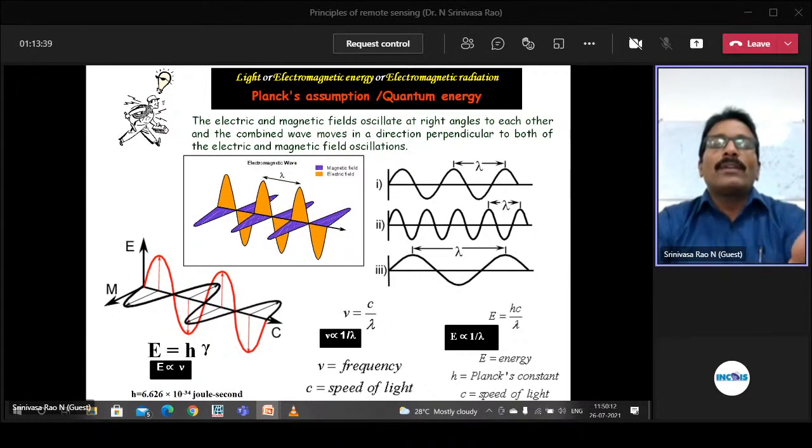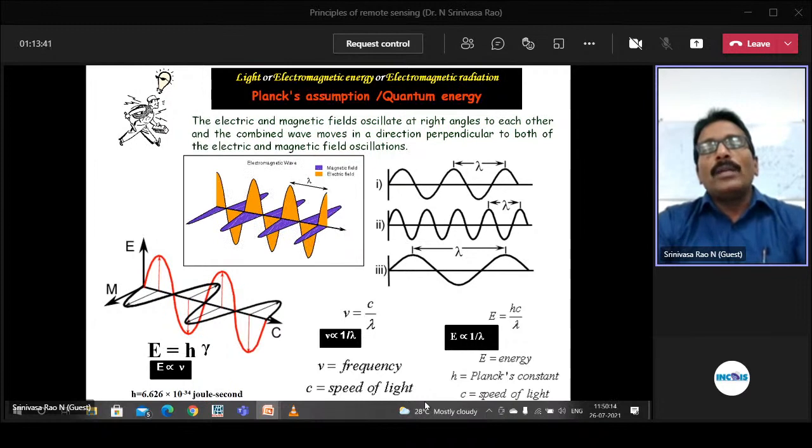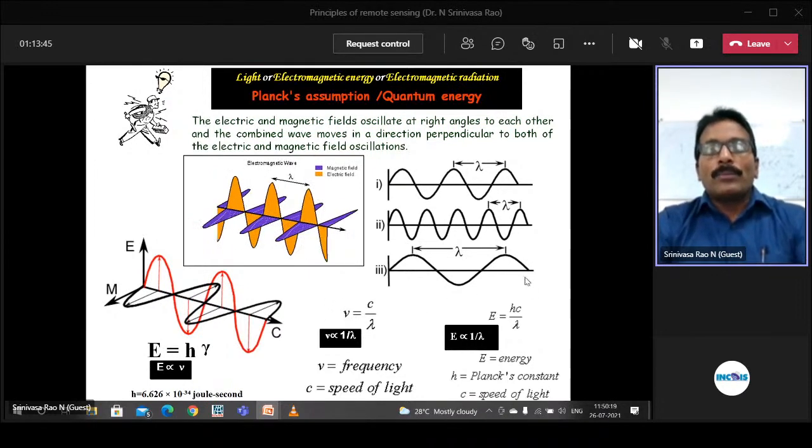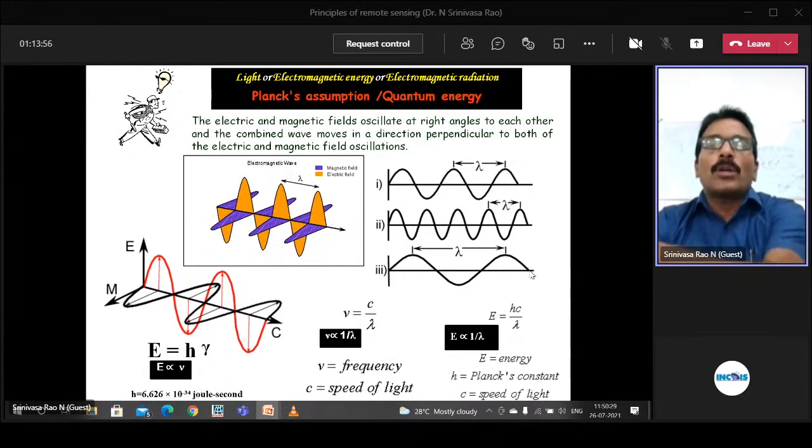Now if we come to the frequency, how can we define that? If we consider this as one particular point, from this particular point within 1 second of time, how many waves cross that particular point?